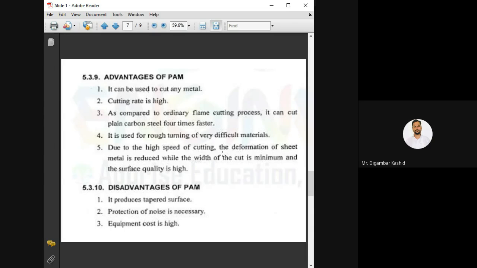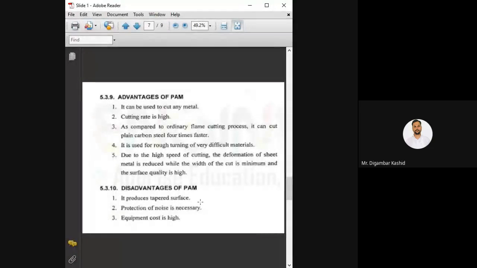Then we can use this plasma arc machining process for rough turning of very difficult materials, because we know that these advanced machining processes are used for machining of difficult to machine materials.